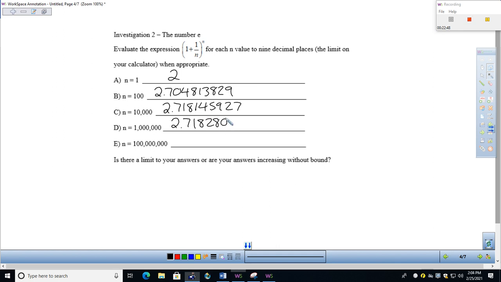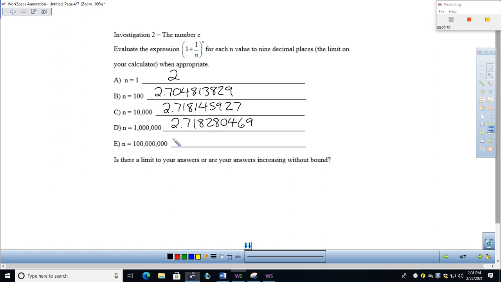So I'm getting this when n is 1 million, and look how far back I have to go just to see any change. I have to go 1, 2, 3, 4 decimal places back just to see any type of change. Even though I went from 10,000 all the way up to 1 million, it barely changed the value of the expression. We have to go pretty far out just to see it.